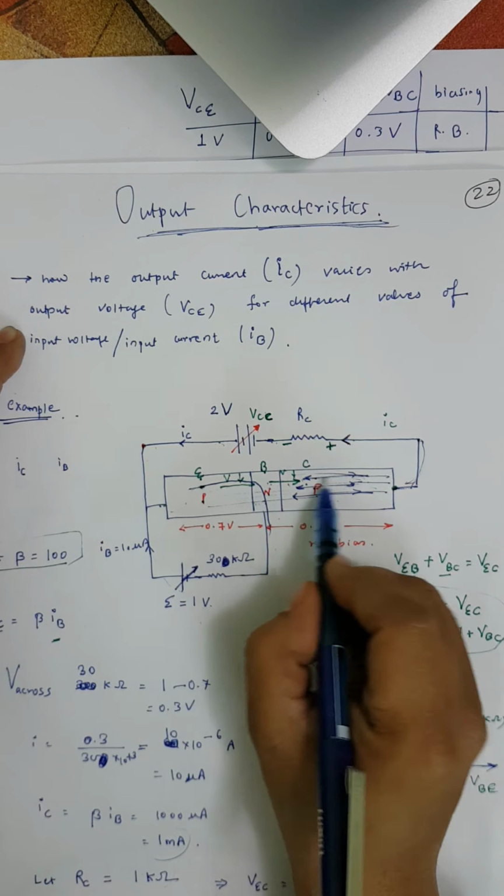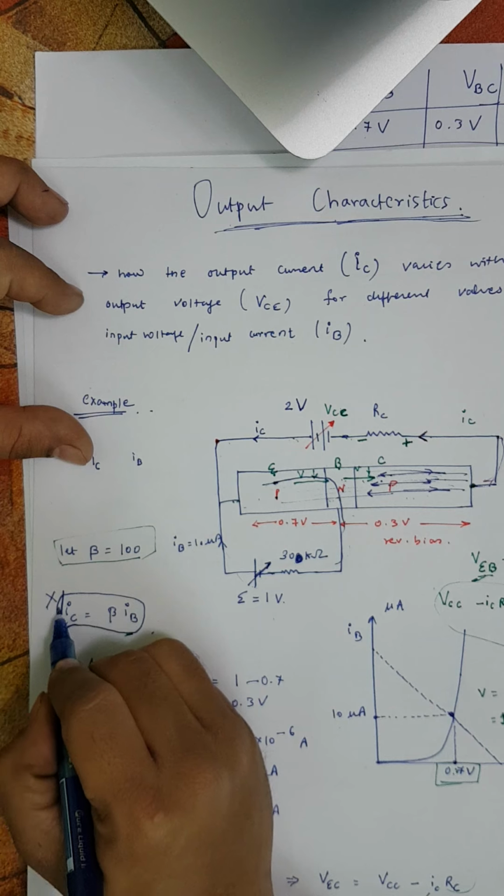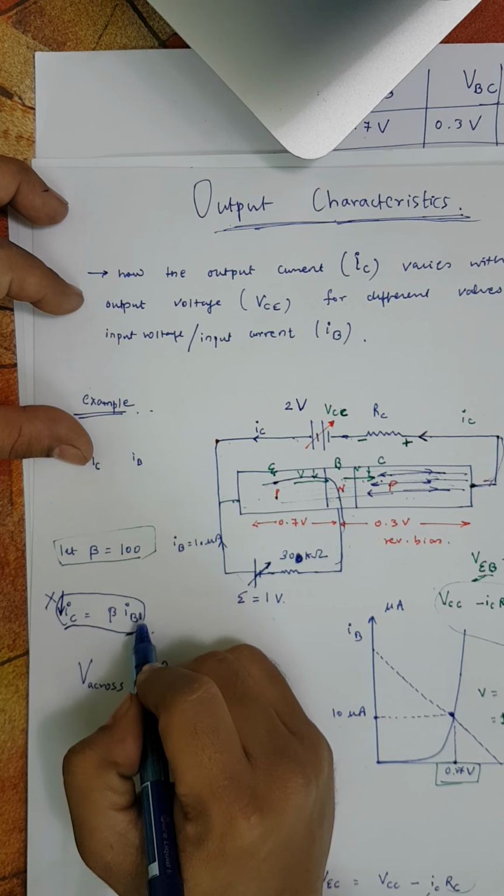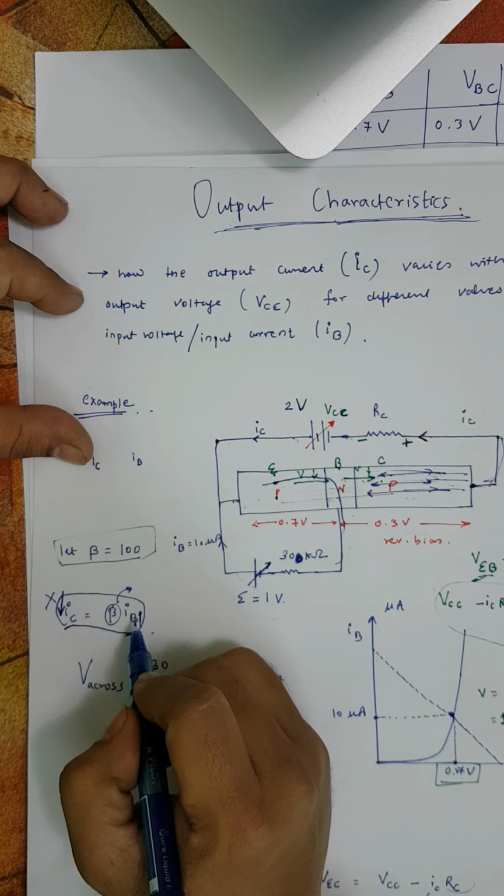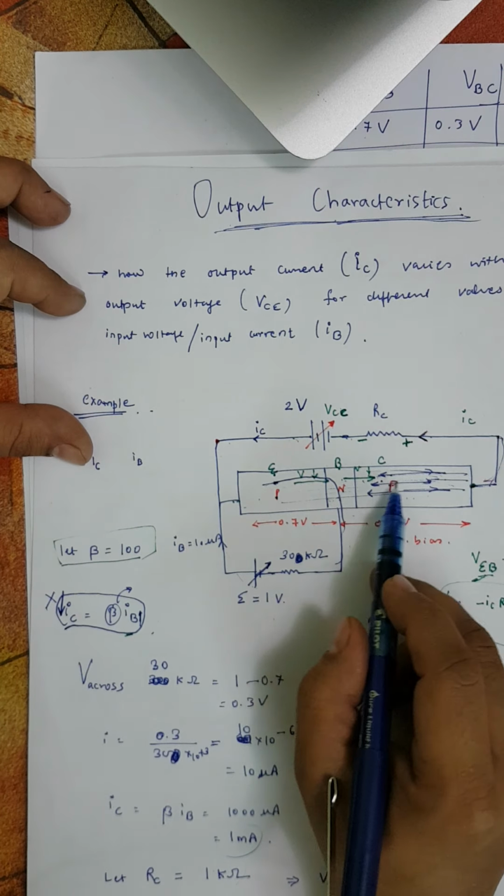When this PN junction was reverse biased, IC was equal to beta IB, but not anymore in the saturation mode. In this saturation mode, IC decreases, IB may increase, and so beta may change. There is no particular beta; it all depends on how much forward biasing.